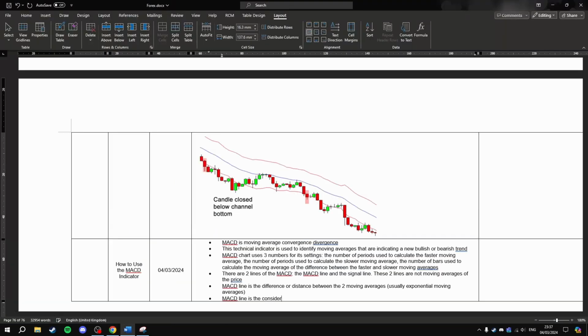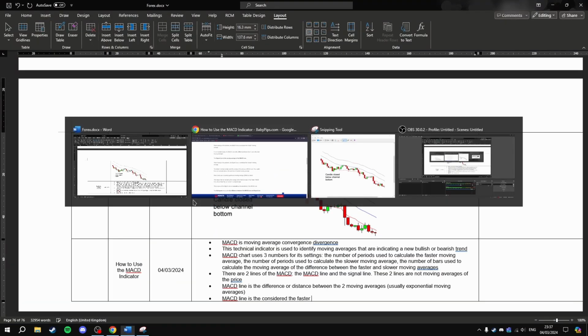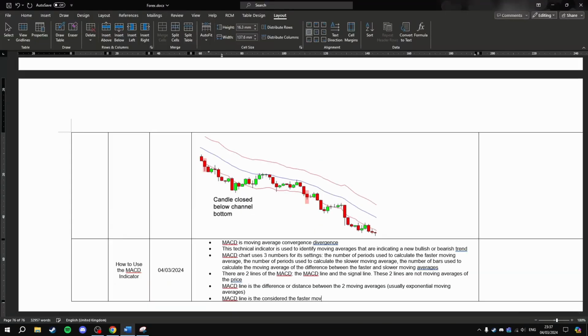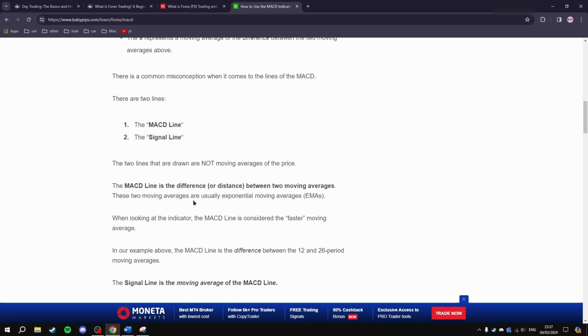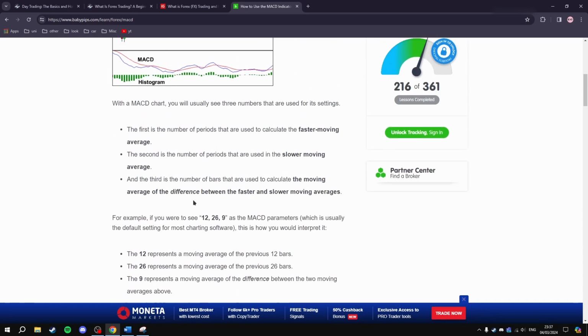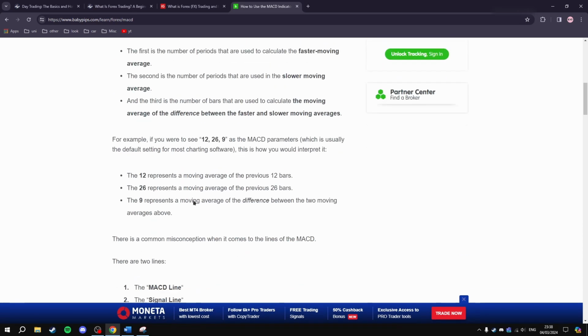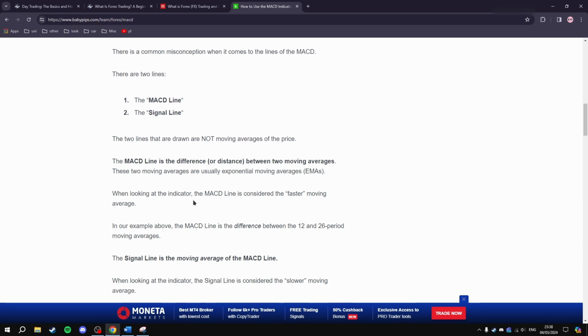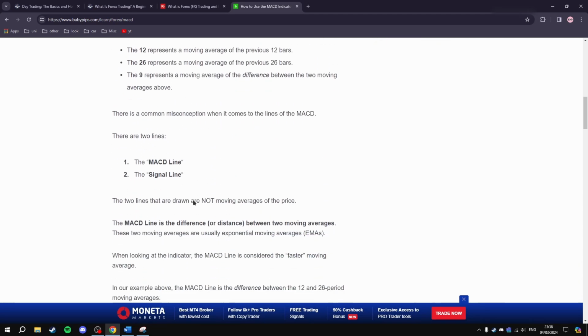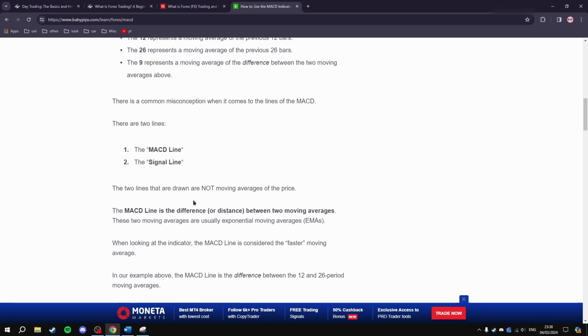In our example above, with the 26, the 12 and the 9, the MACD line is the difference between the 12 and the 26 period moving average. Oh, so the MACD line would be 14, because it's 26 minus 12.